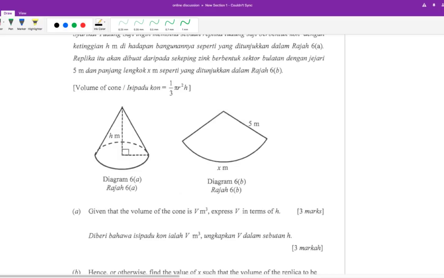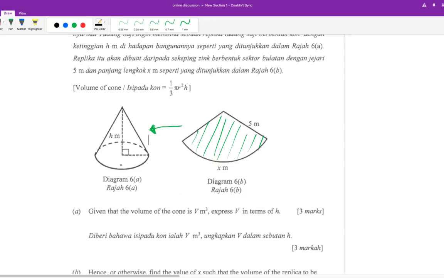Basically right now you have to use the whole zinc and transform it into a cone. So the first thing is I will find the relationship between the sector and the cone.